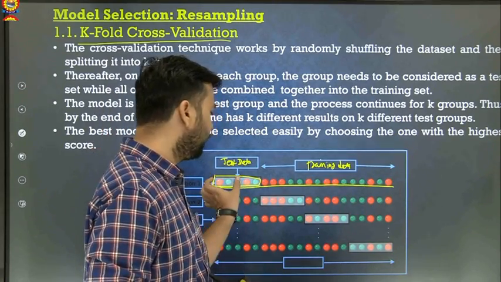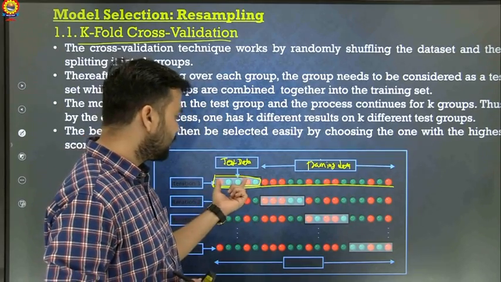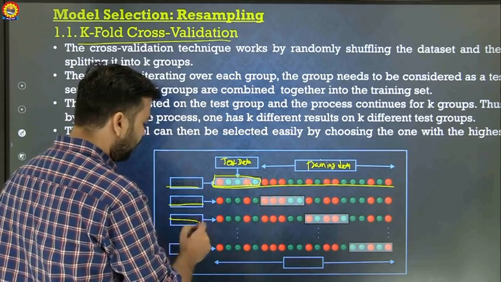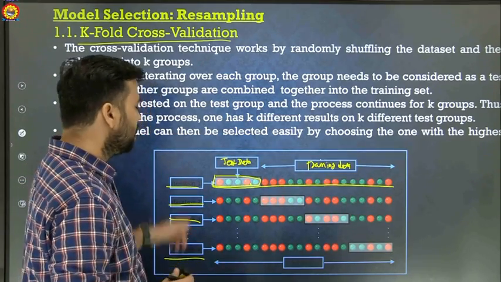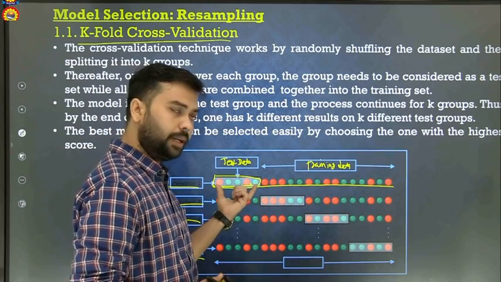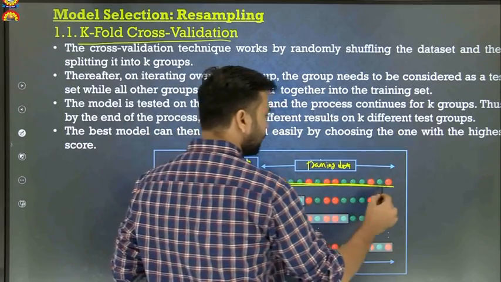First we take one subset. Suppose we take one subset, like this subset is taken. So we have iteration 1, fold 2, fold 3, and up to k iterations. So for k folds, we take k iterations. We take one subset, and it works as the test data, and the rest is known as the training data.